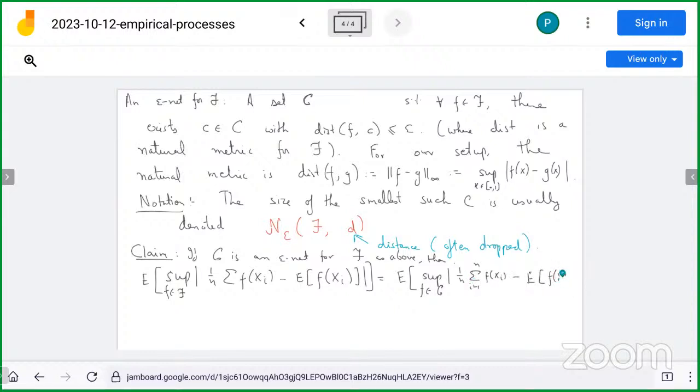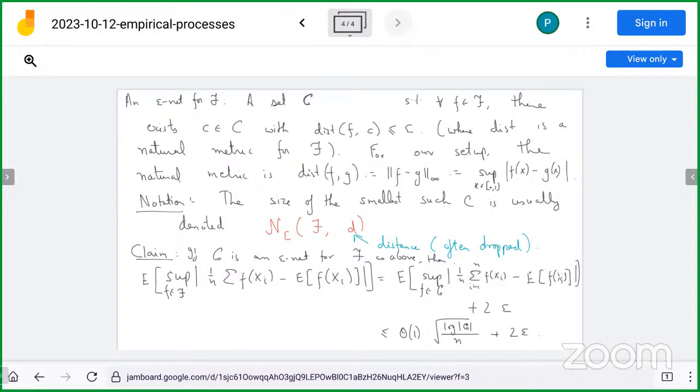I can also write f(X_i). They're all IID. The first one is obvious because I'm taking a supremum over all f.